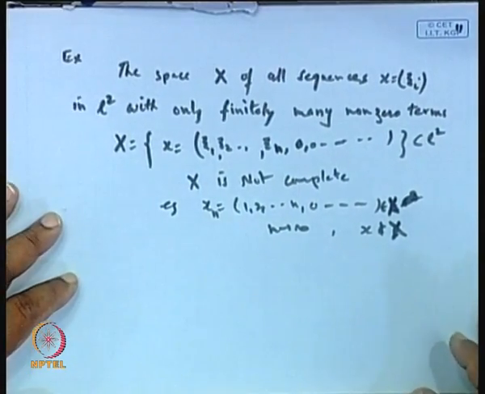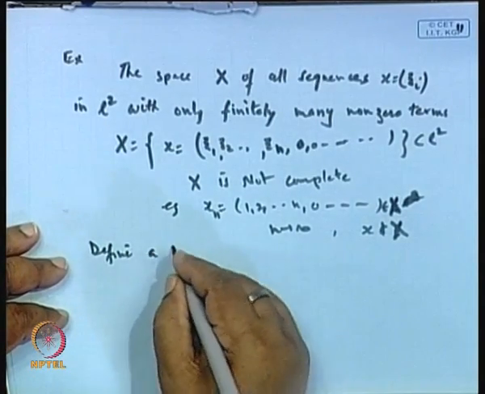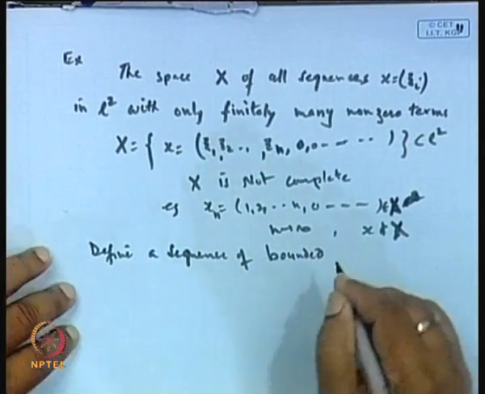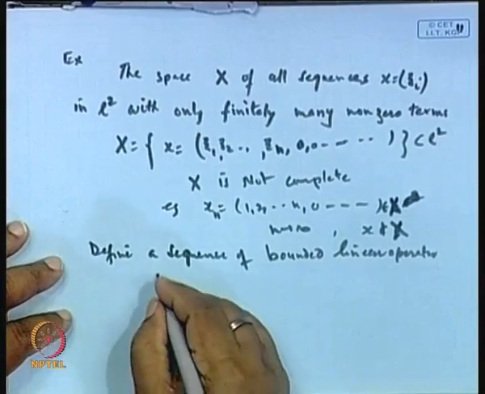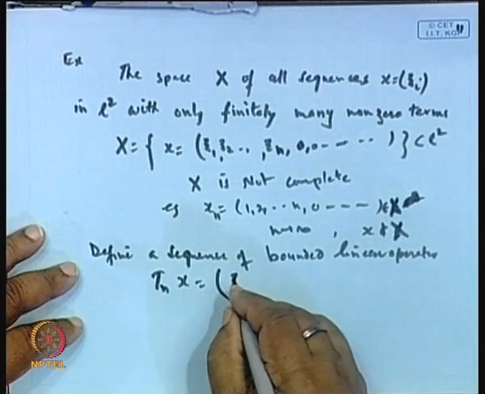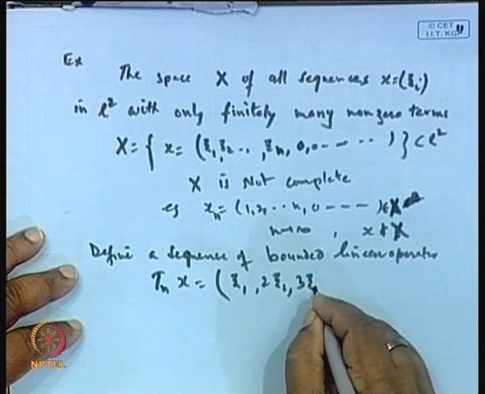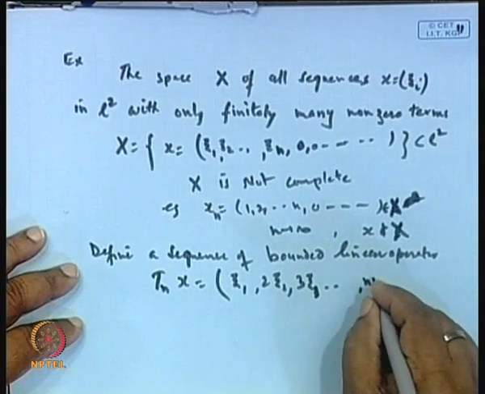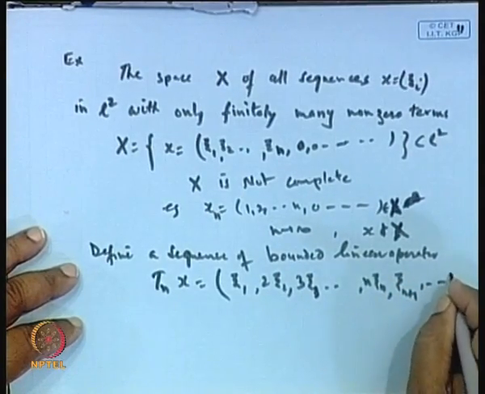Now, let us define a sequence of bounded linear operators T_n x as (xi_1, 2 xi_2, 3 xi_3, ..., n xi_n, xi_{n+1}, and so on).